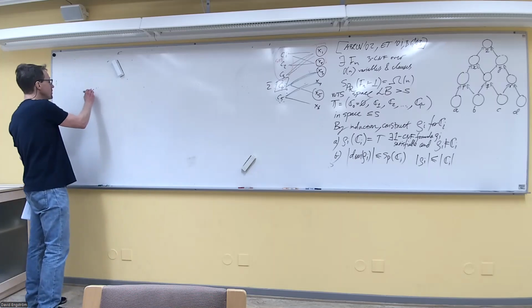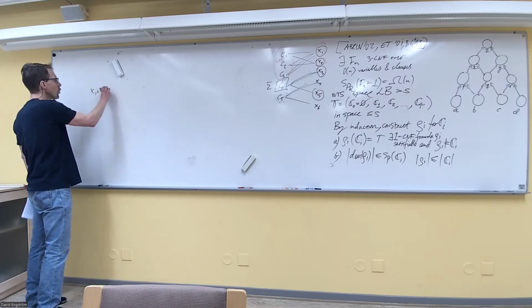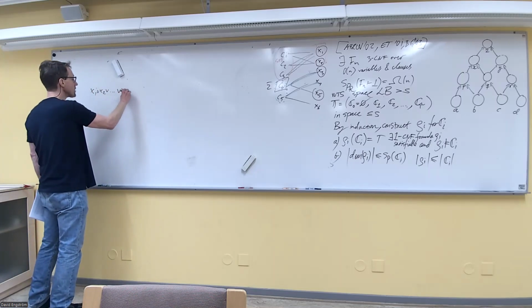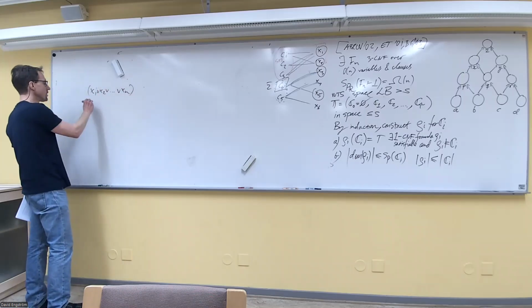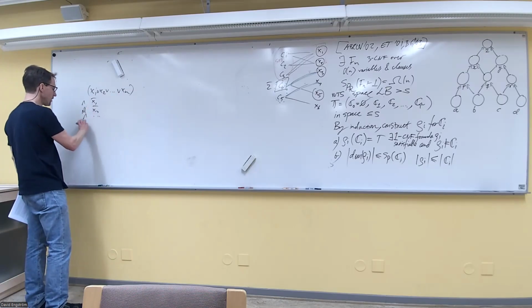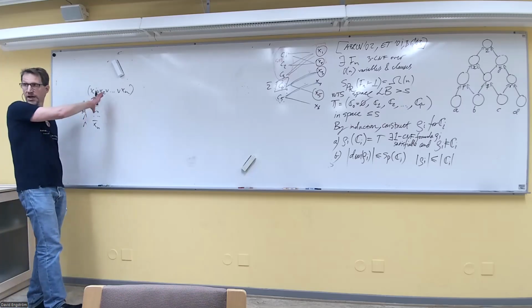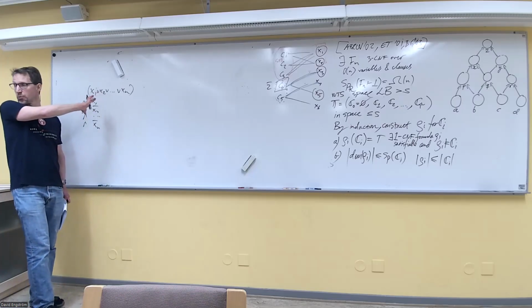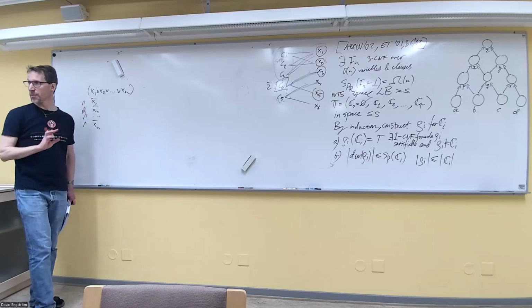Like here's an example, x1 or x2 or ... or xn is my first clause. And then you take not x1, and not x2, and ... not xn. Okay. Clearly we have a linear width lower bound, nothing about space.